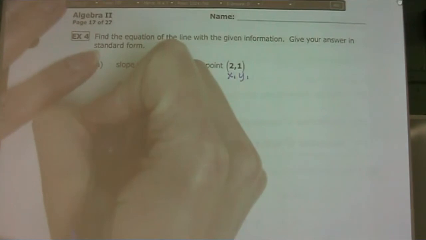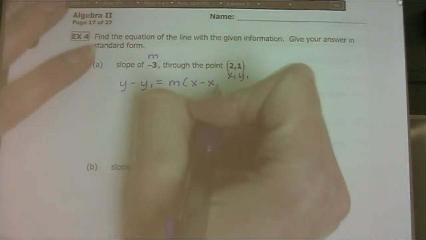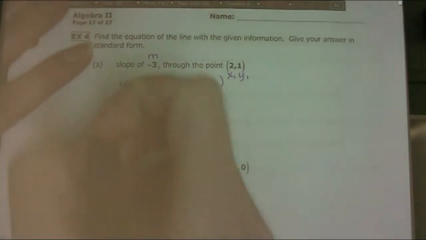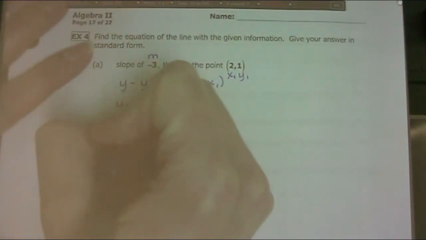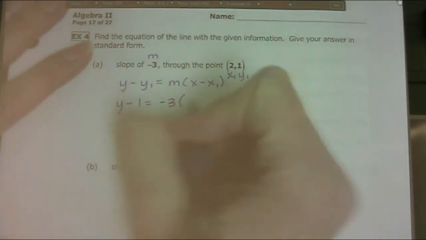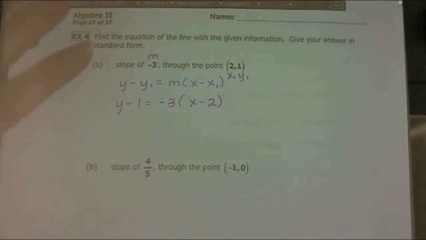And what I'm going to start with is my formula, my point slope formula, which is y minus y1 equals m times x minus x1. I'm going to plug in the m, the x1, and the y1. So I have y minus 1 equals negative 3 times the quantity x minus 2. Now I need to simplify this.